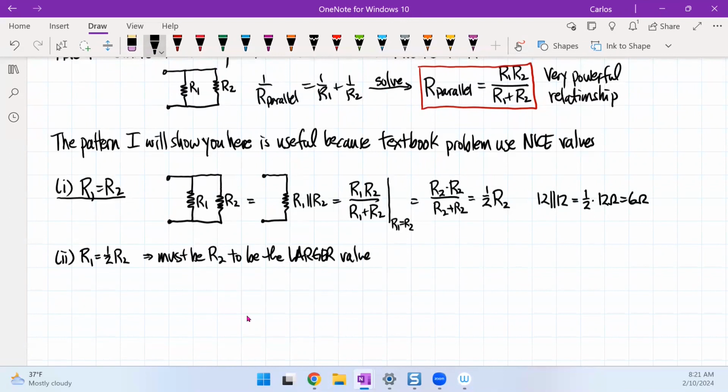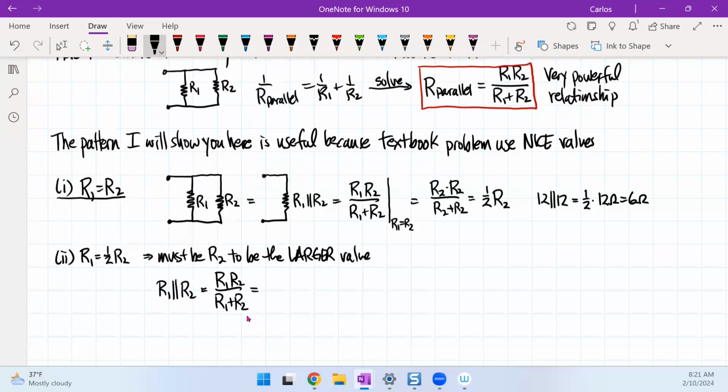That's the cost. So now, if I play the same game, I have R1 parallel to R2. Look what happens. Now I'm going to convert R1 into R2. I'm going to do this one more time, and then I'm going to stop.